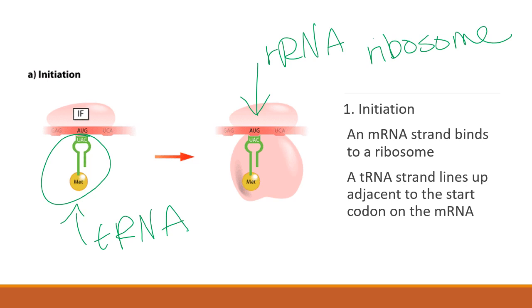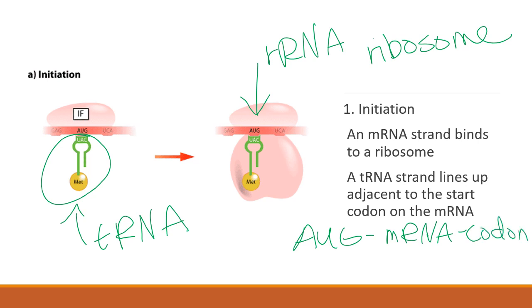What happens is the mRNA binds to a ribosome, that little pink thing there. And then a tRNA lines up adjacent to the start codon on the mRNA. The AUG, we said, is on the mRNA, and that's a codon.